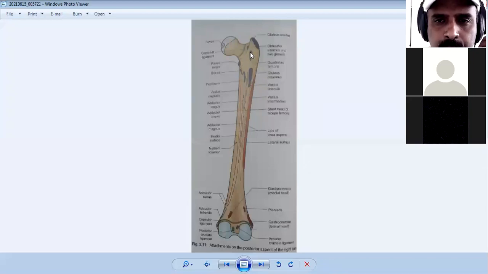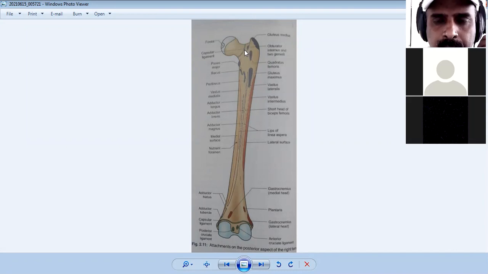And posteriorly, we have an area called the quadrate tubercle that gives insertion to the quadratus femoris muscle. Then in the intertrochanteric fossa, we are going to get the attachment of the obturator internus and two gemelli.